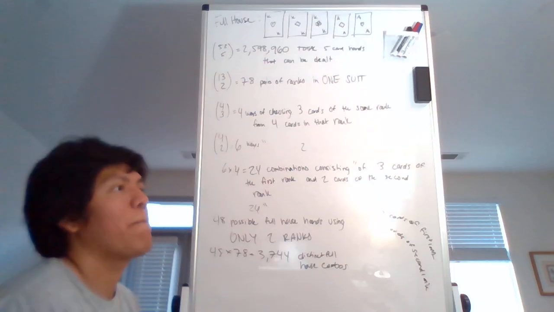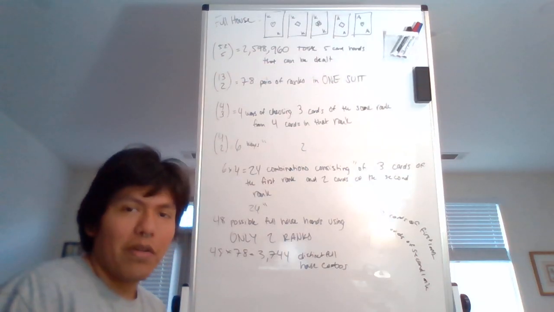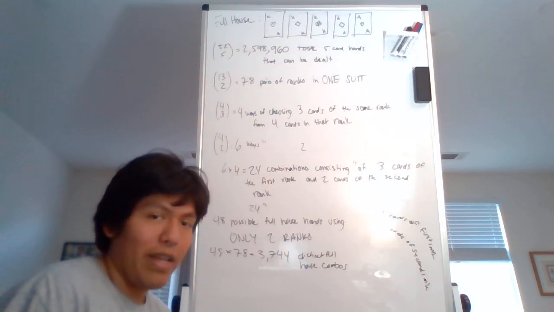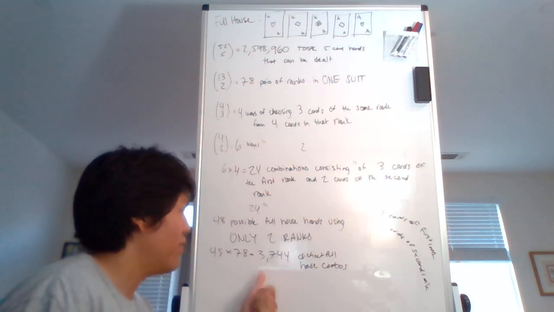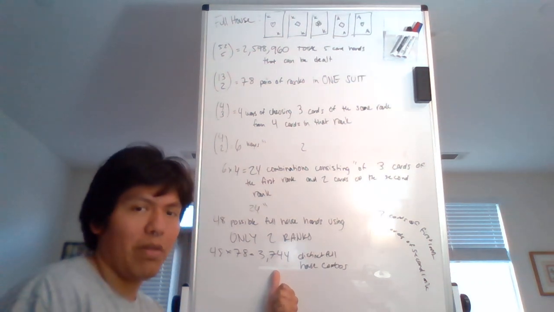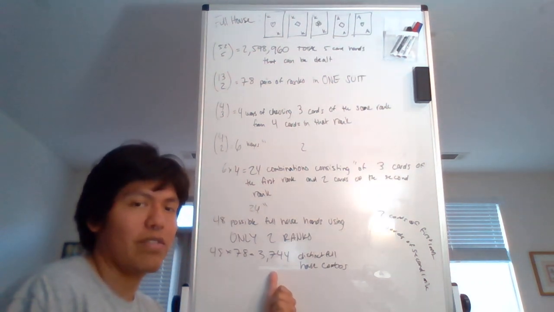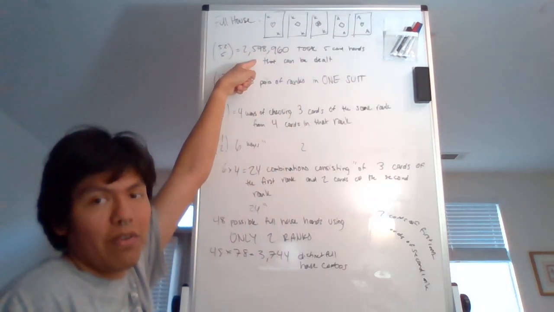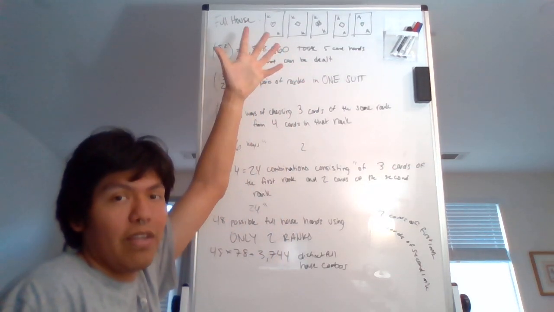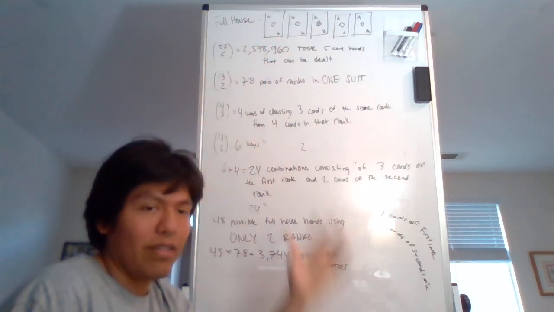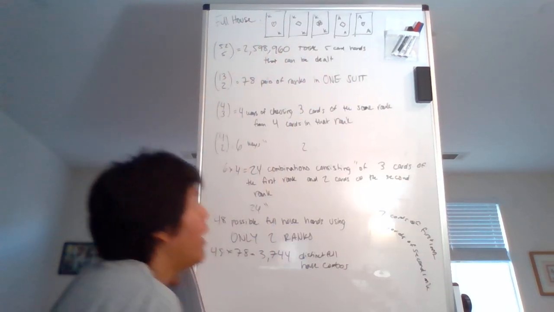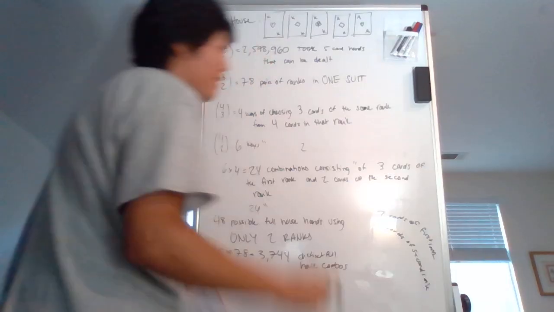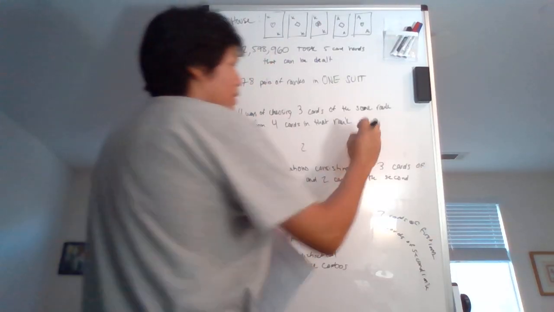All right. But what we want to know is what's the probability that we get dealt a full house? Well, we have the total number of distinct full houses. We would just put this over this 2 million number that we found, which is the total number of 5 card hands that can be dealt. I'm just going to write it right here.